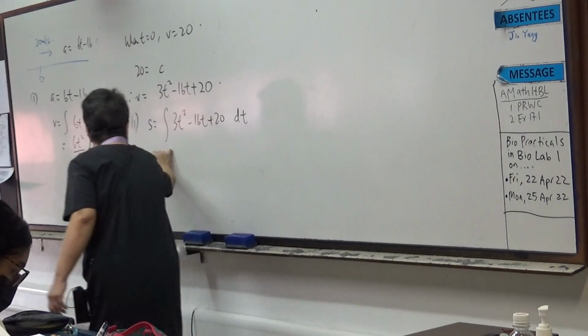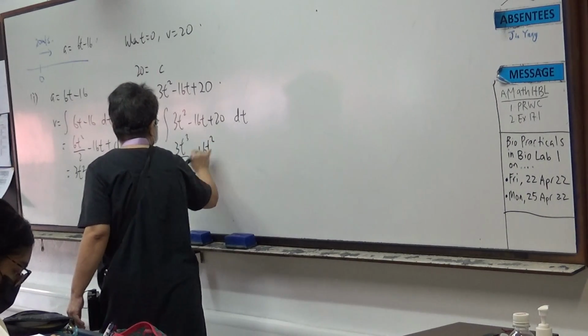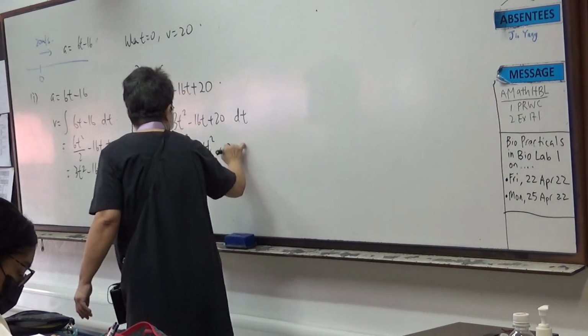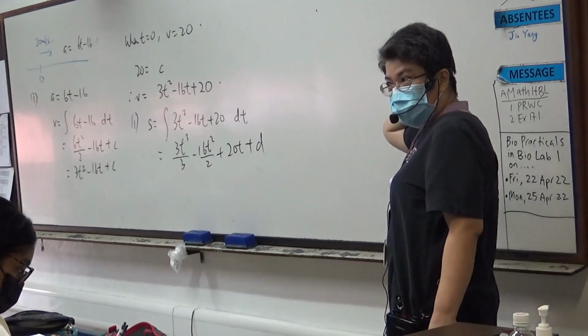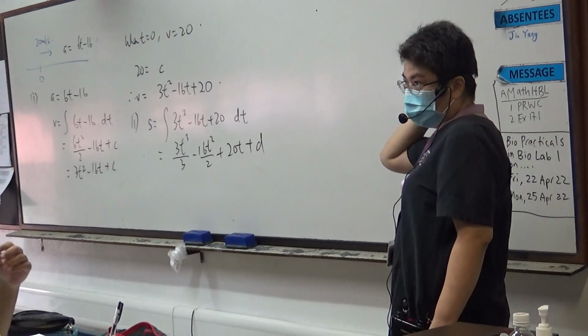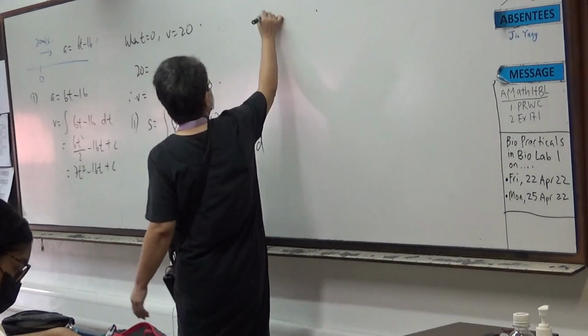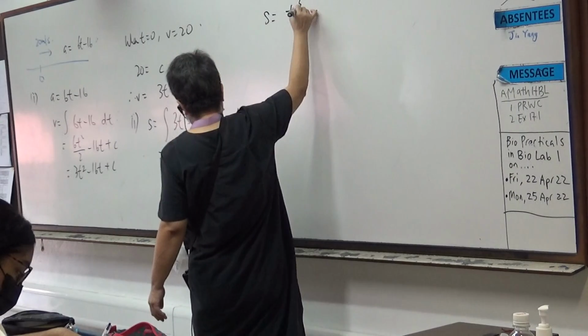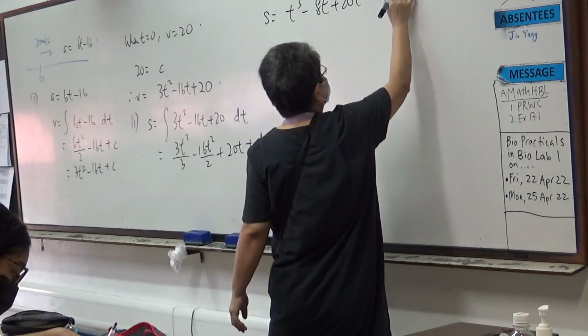So, what will this give me? 3t cubed over 3 minus 6t squared over 2 plus 20t plus d, right? How come I use d now? Because c is used already, okay? Now, I'm going to simplify this. t cubed minus 3t squared plus 20t plus d.